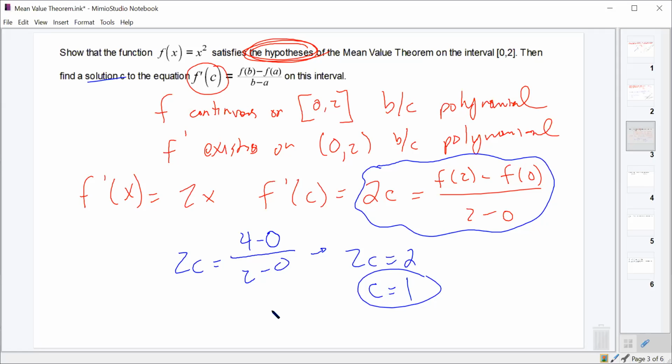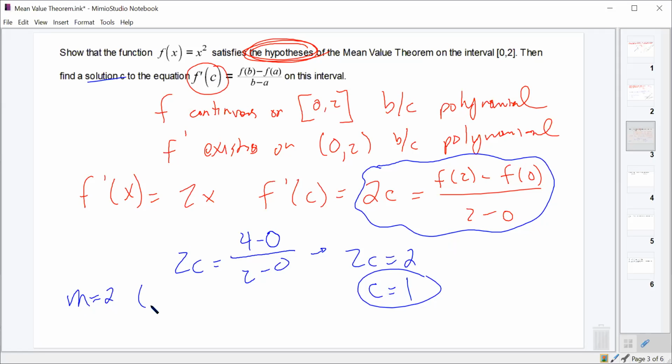And just for the heck of it, because we can, we know that the slopes of both of those lines should be 2, right? Because if we're looking at f prime of c, f prime at 1, that's 2 times 1, or 2. So the slopes are 2.